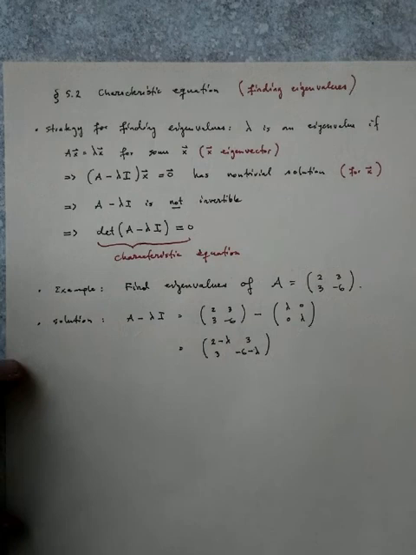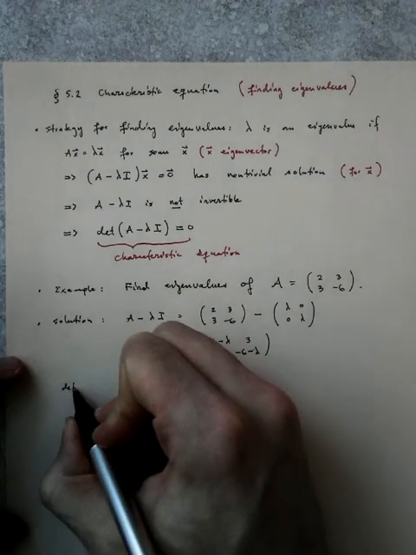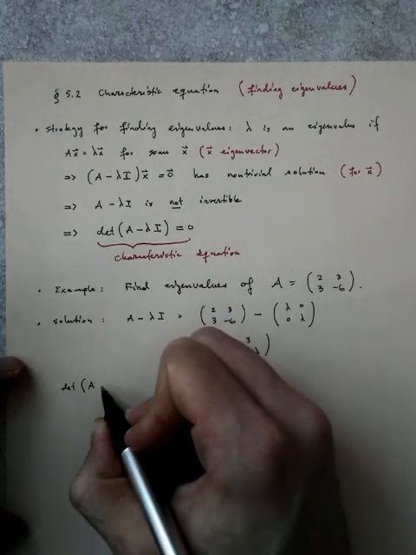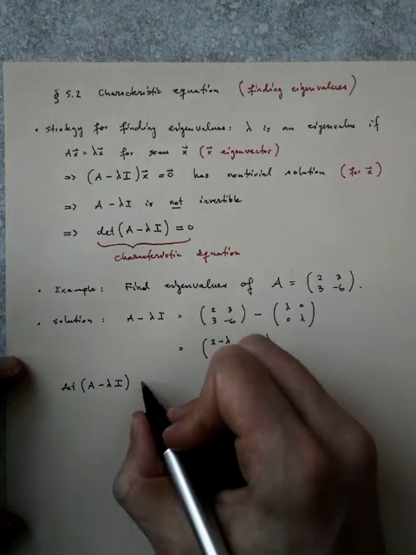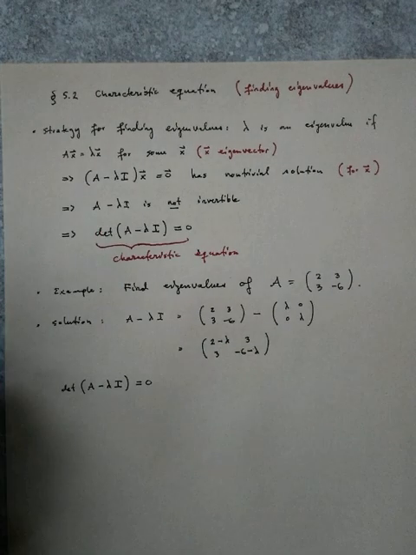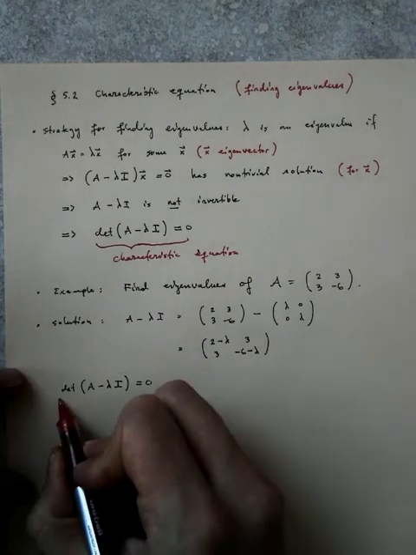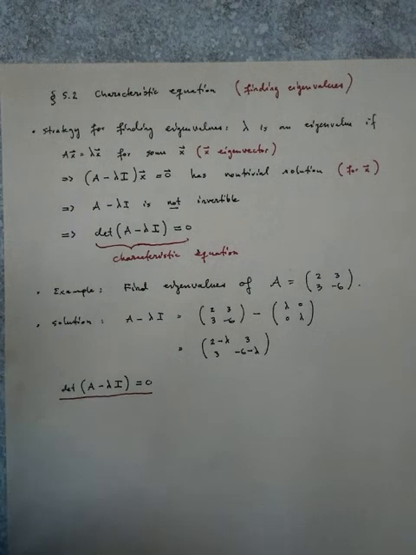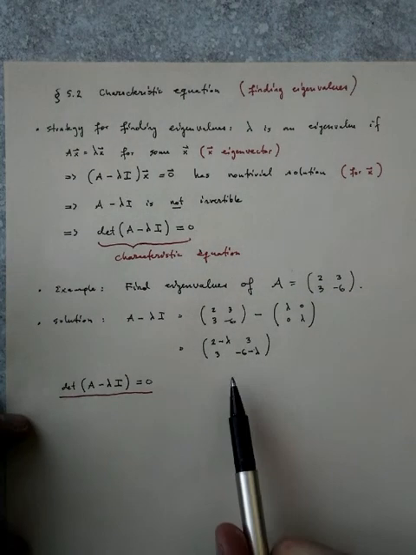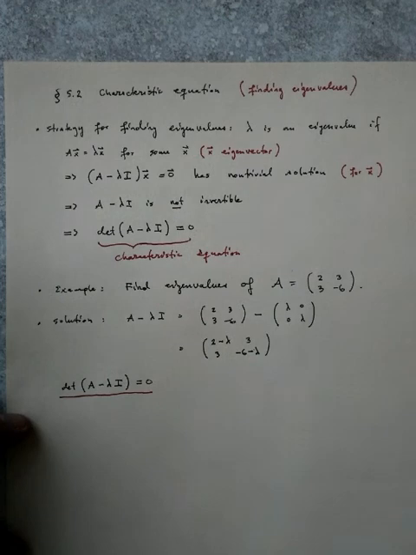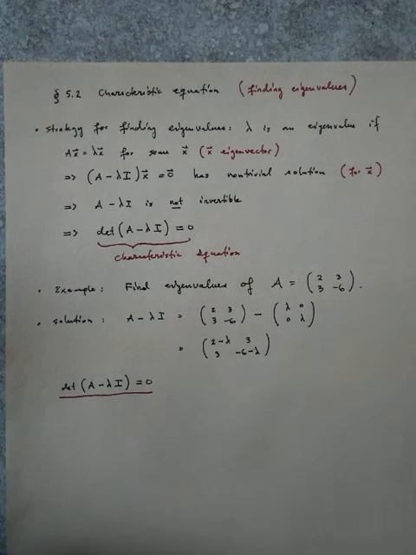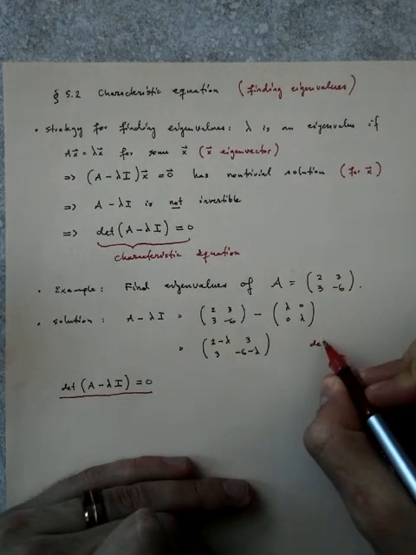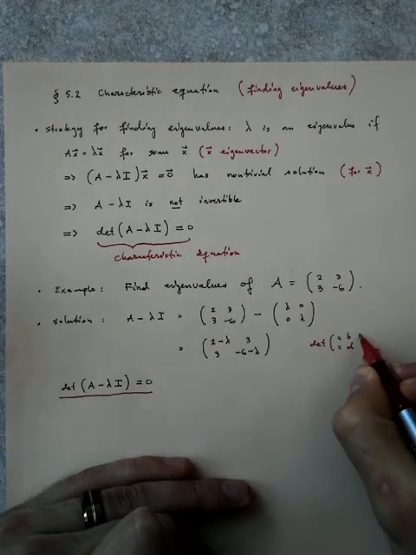Okay, now I want to calculate the determinant of that matrix. So the determinant of A minus lambda identity equals 0. Remember that's my characteristic equation. So I just need to calculate the determinant of this matrix. Remember, the determinant of A, B, C, D is AD minus BC, right?